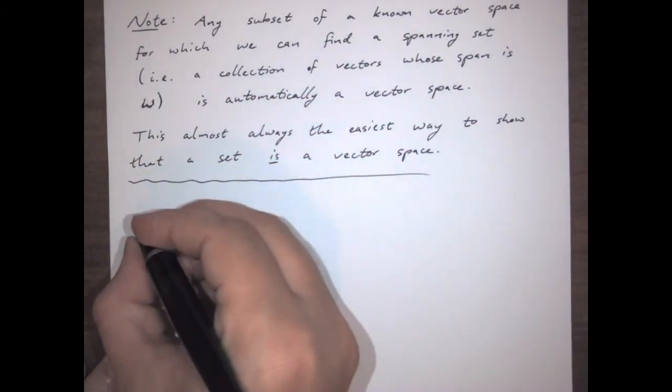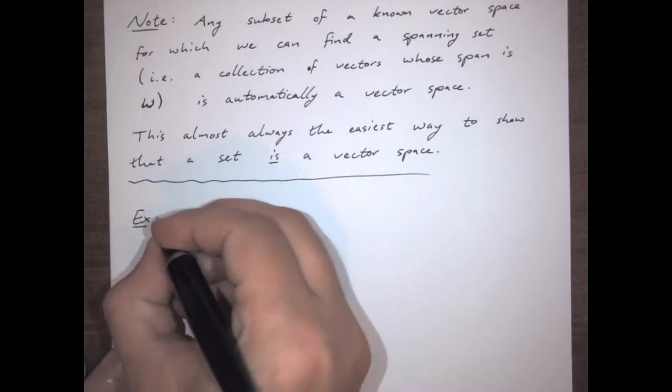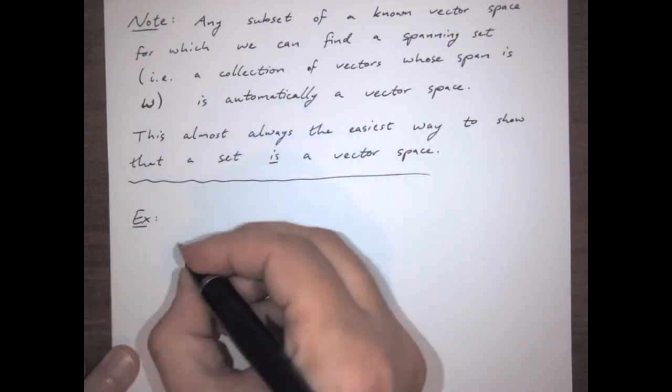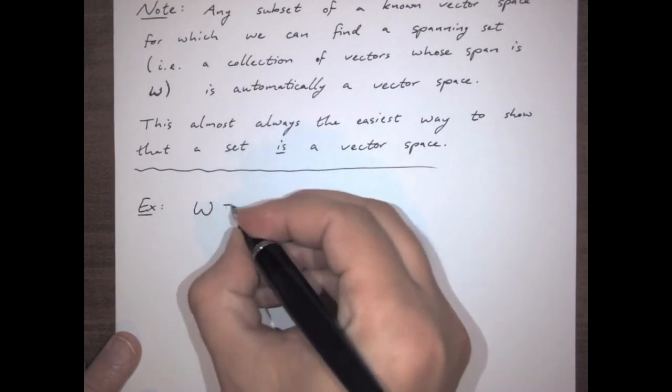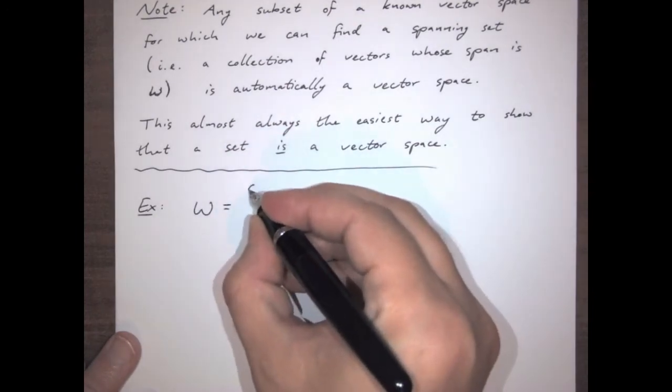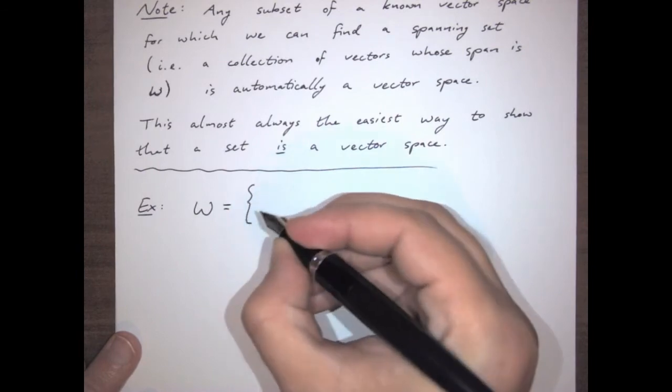So an example. Let's say that W is equal to, and the way these will often look is something like this.